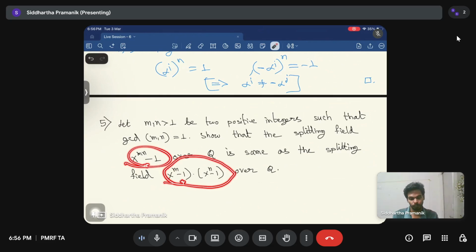Both these polynomials have the same splitting field over Q, where m and n are two coprime integers.